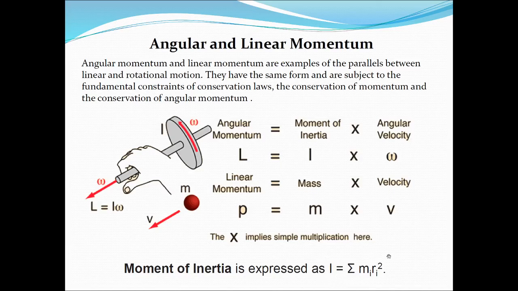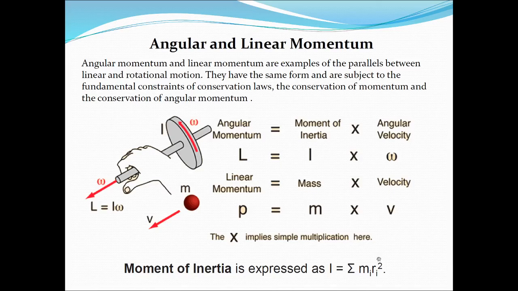The moment of inertia I is equal to the summation of mass times r squared, for one body or one object.